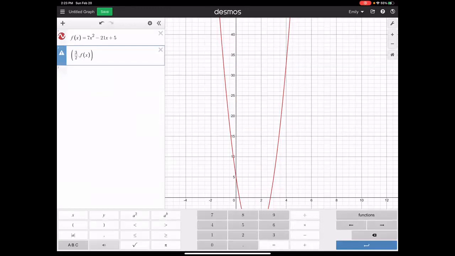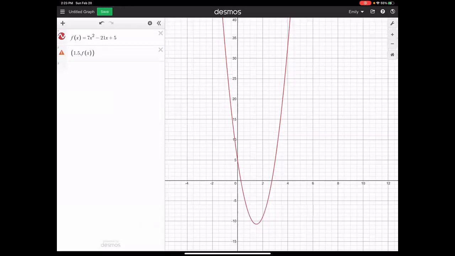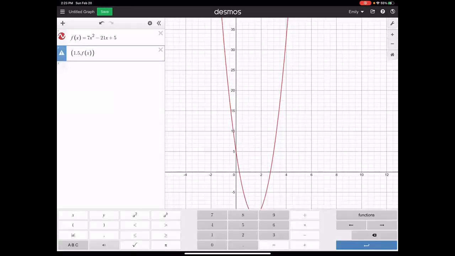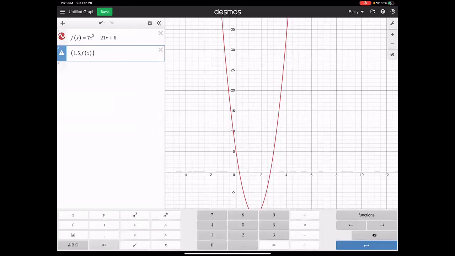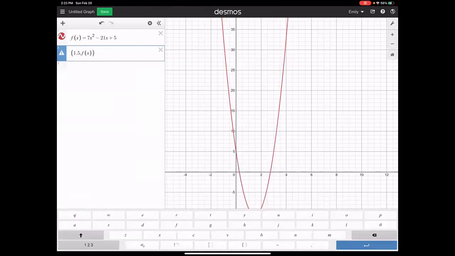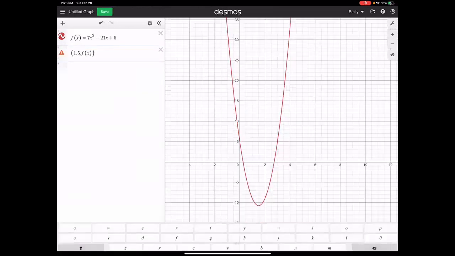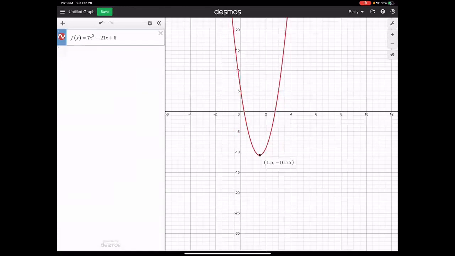Do I need to write it as 1/2 or 1.5? Space problem. Don't know what's going on there. Okay. Well, anyway, you can see the minimum there at 1.5, negative 10.75.